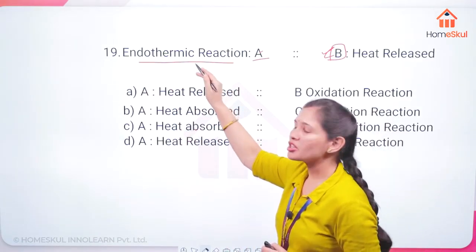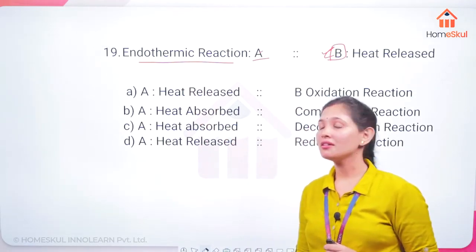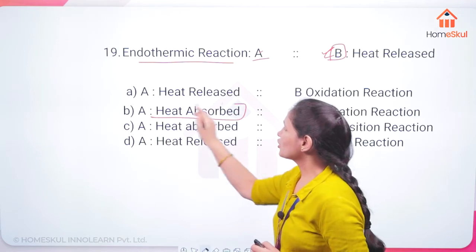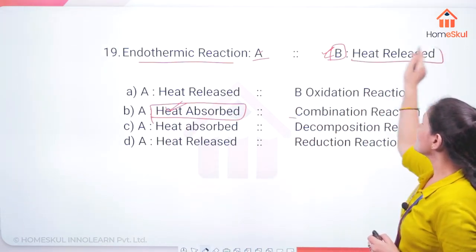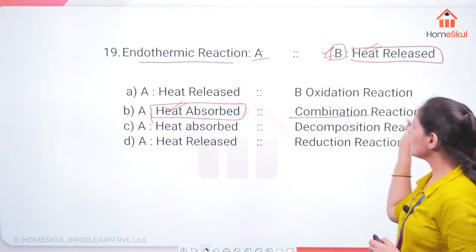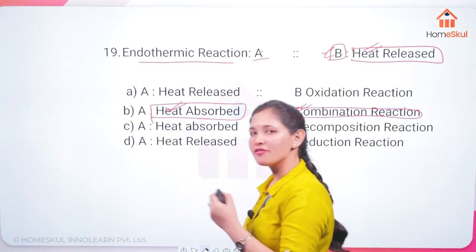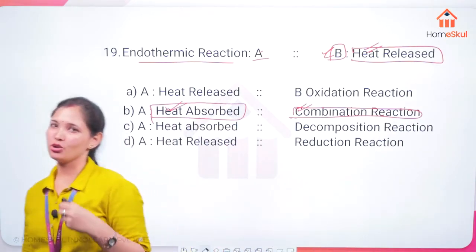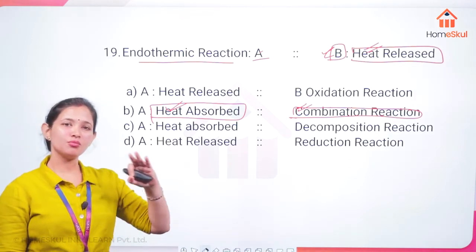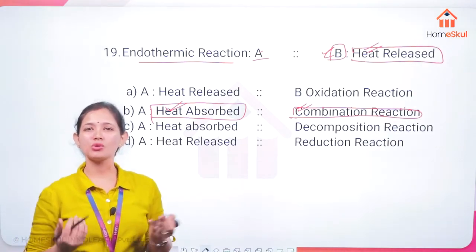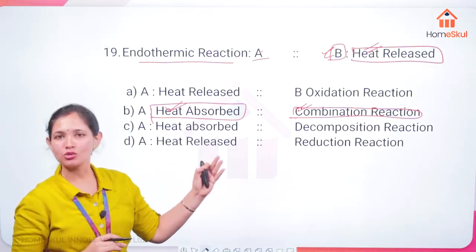We know that in an endothermic reaction, heat is going to be absorbed, and heat released is there, and we know that heat is released in the combination reactions. That is how you have to solve this analogy. You have to look into the options given and see what the observation was, how to relate with what. Here is the format that you have to go with.